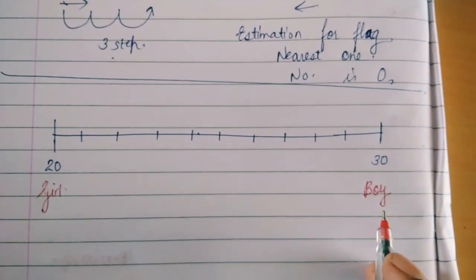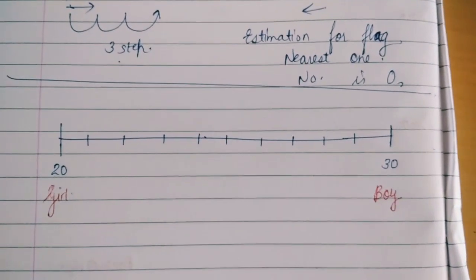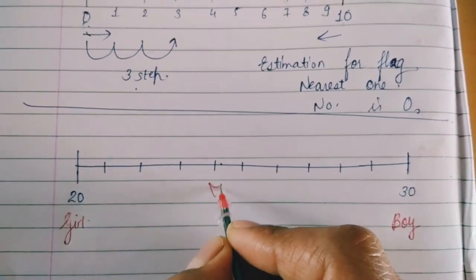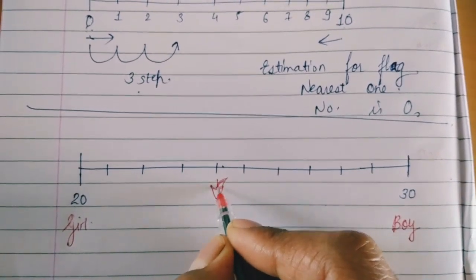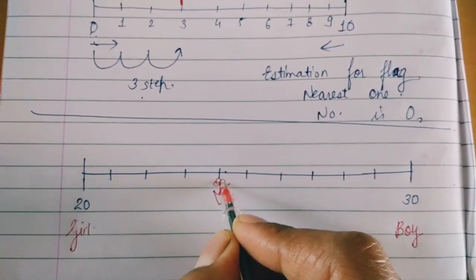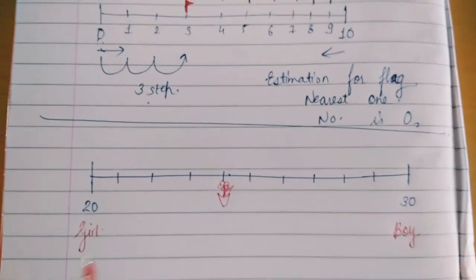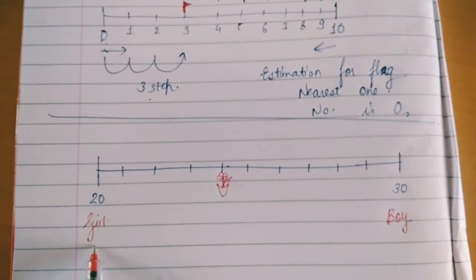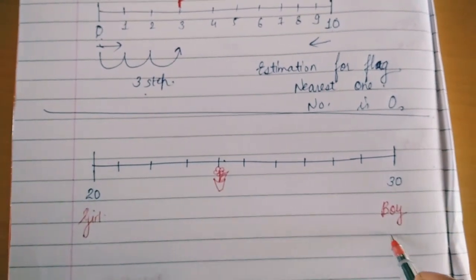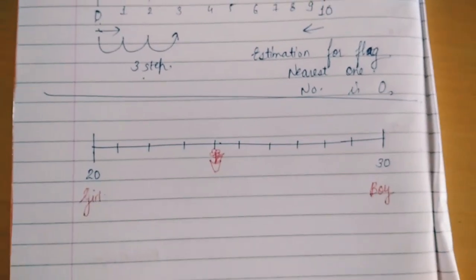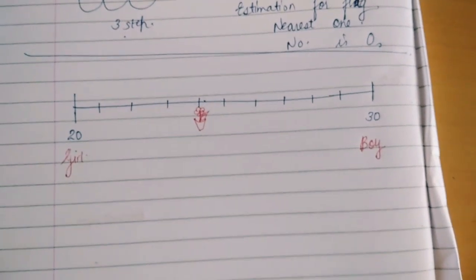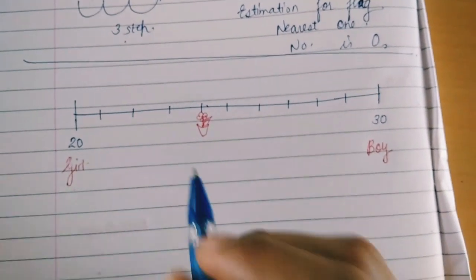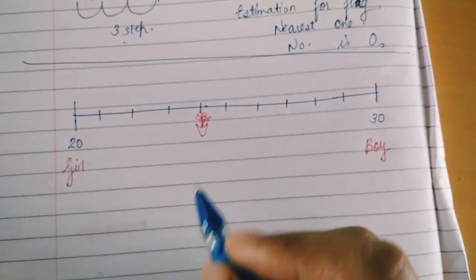They both want to pluck a flower from a flower pot, which is placed in between. So we have to estimate who will pluck it first.